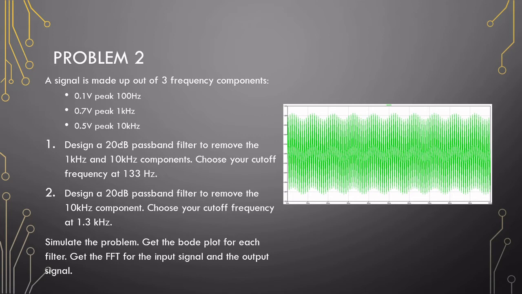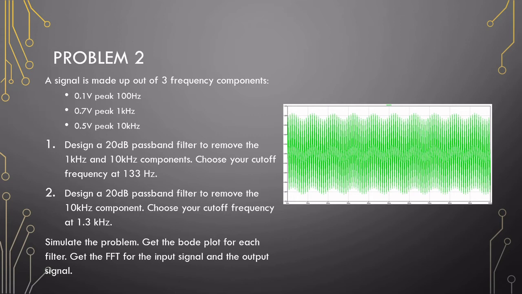So you need to design the capacitor for each and then do a simulation to find the Bode plot for each and do FFTs on the signals so that you can see how they reduce in actual size.